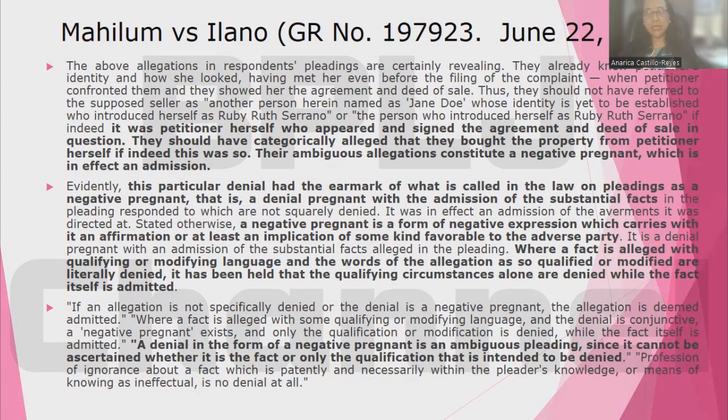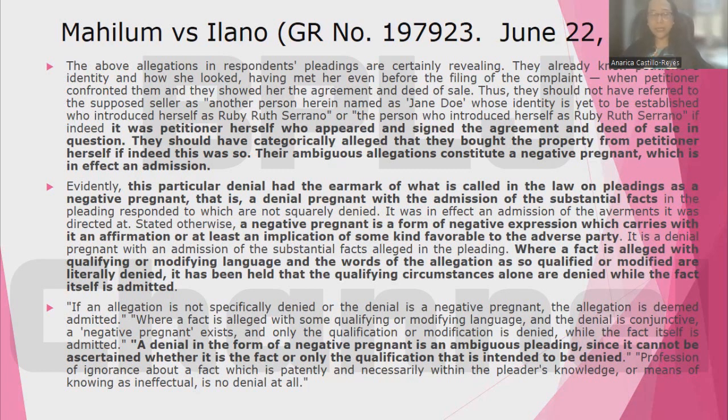Because in this case, they should not have referred to the seller as another person named John Doe, whose identity is yet to be established, who introduced herself as Ruby Serrano.